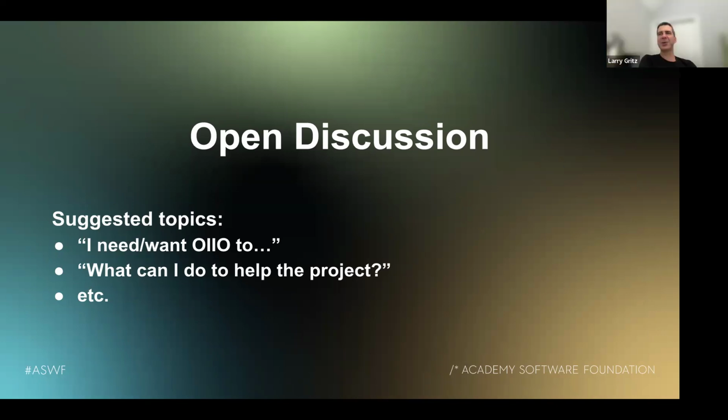Yes, and that gives me an excuse to add, for anyone on the call and anyone listening to the recording later: we have a mailing list, we have a Slack channel, and we have Zoom calls for the steering committee every second week. All of these things are open to everyone. You can get to them all through the ASWF.io website.